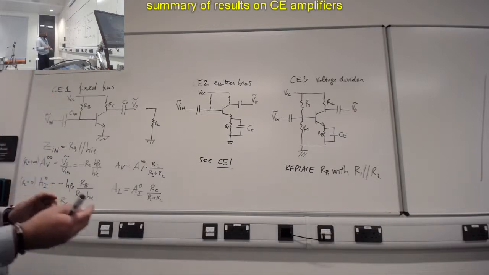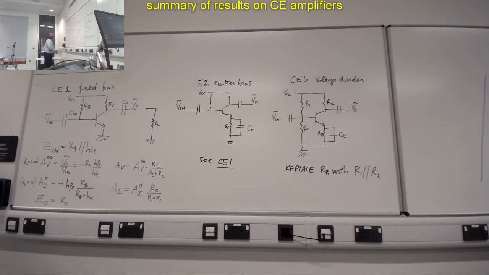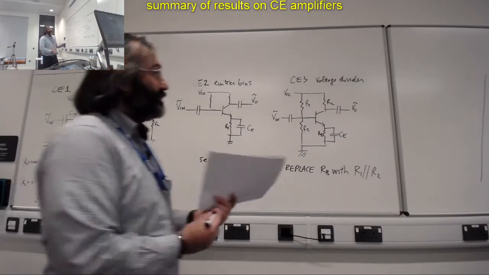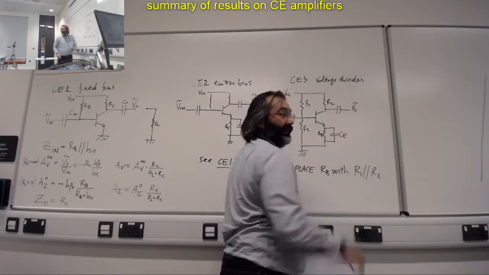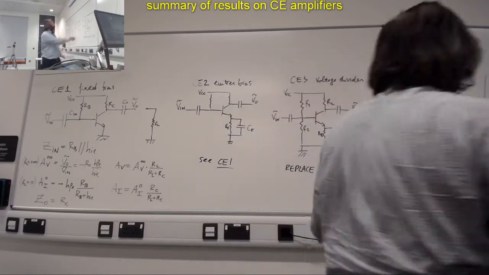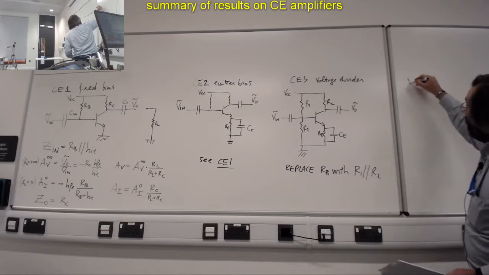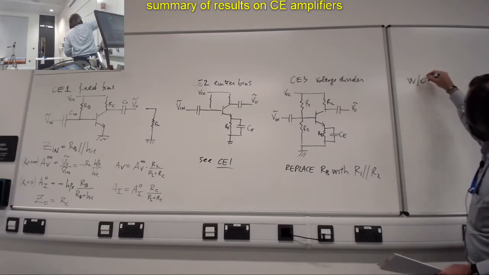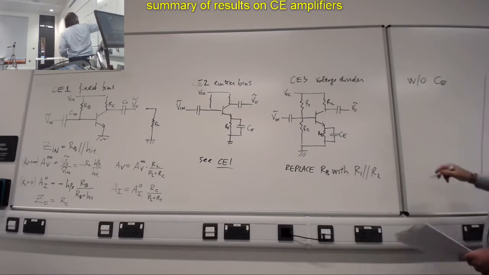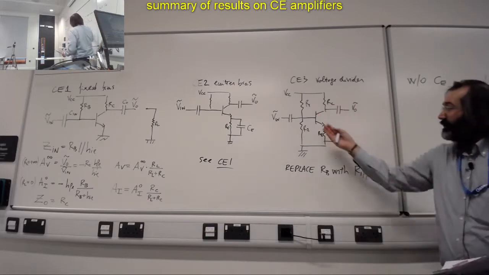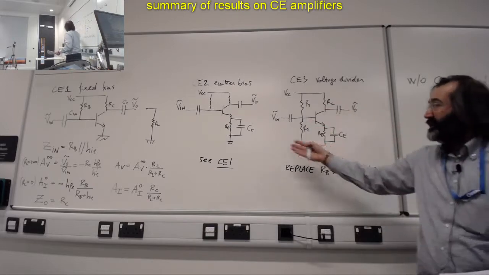And there I demonstrated that that configuration is extremely interesting, because if you remove CE, you can demonstrate, I will not draw this again, but let's say without CE, we can pick up either this or that.